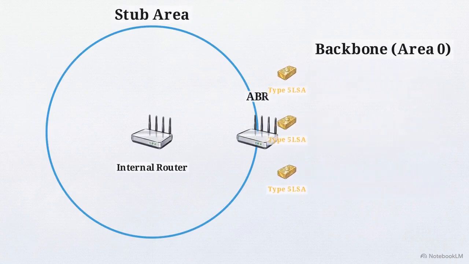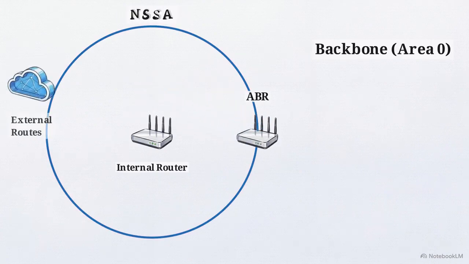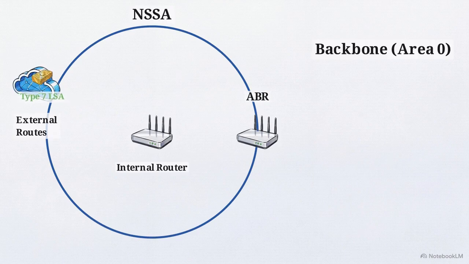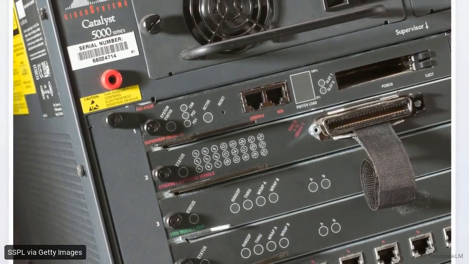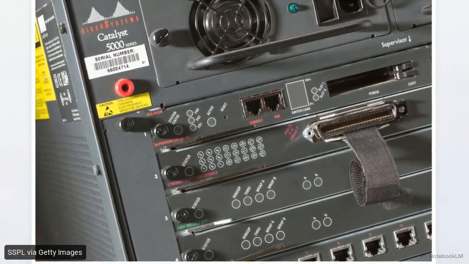These areas block heavy Type 5 LSAs to save memory on lower-end routers, using a single default route for external traffic instead. The not-so-stubby area, or NSSA, is a specialized stub that allows for the injection of specific external routes using a Type 7 LSA, which the border router later converts into a standard Type 5. This system of LSA filtering gives network engineers granular control over memory consumption and CPU load on a per-area basis.